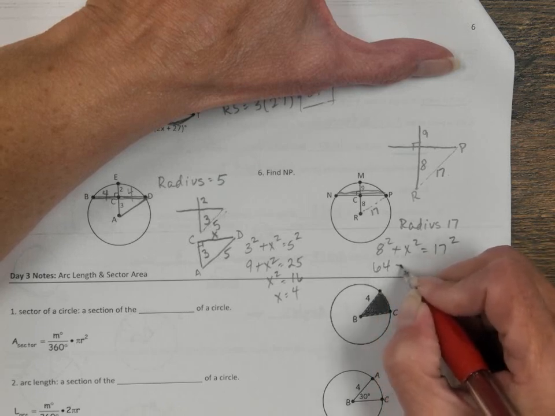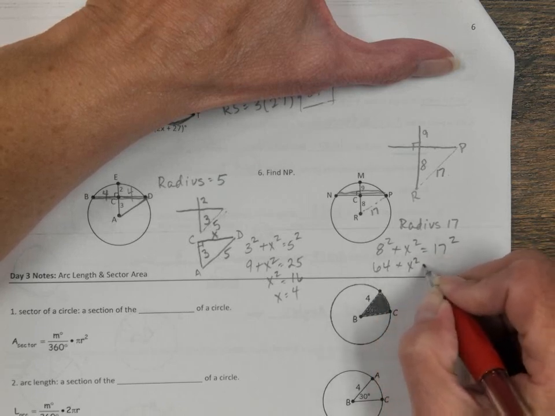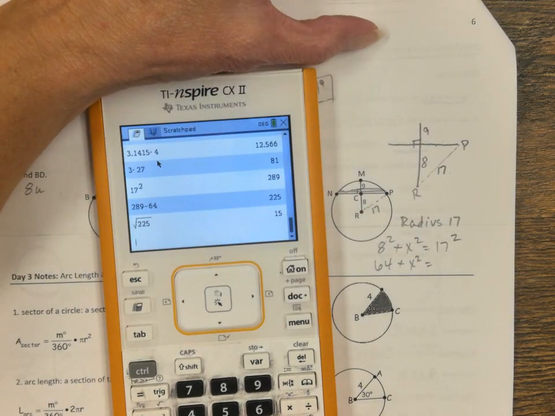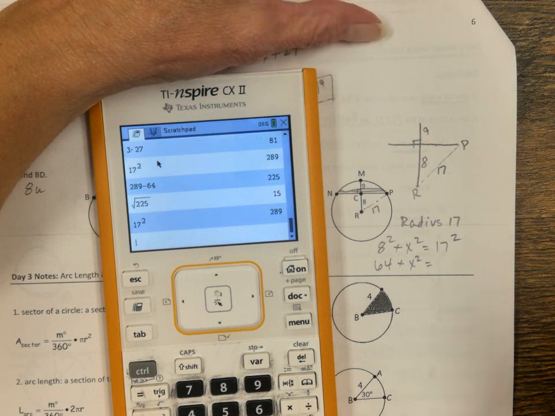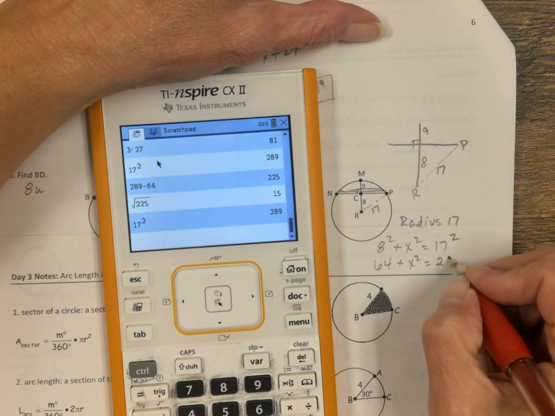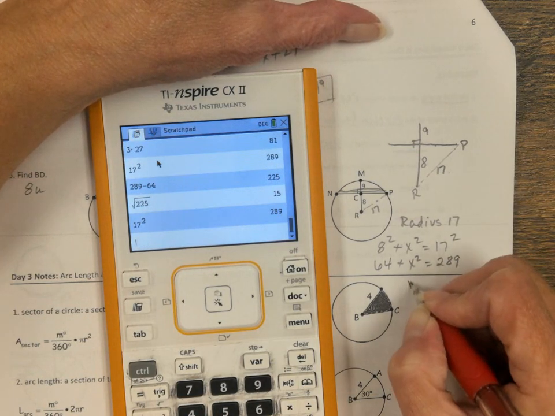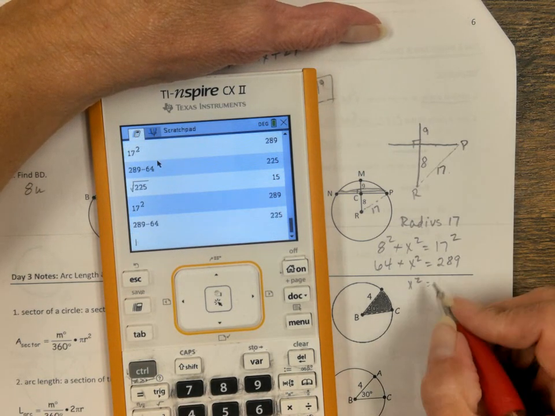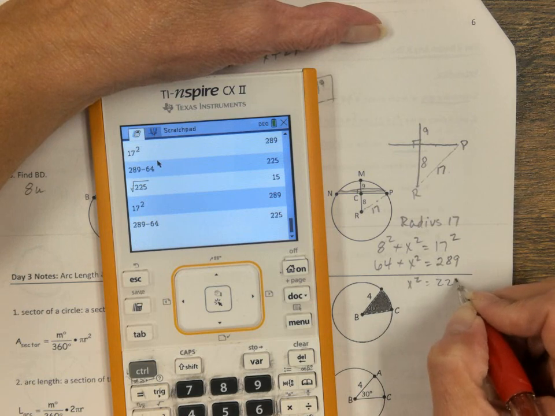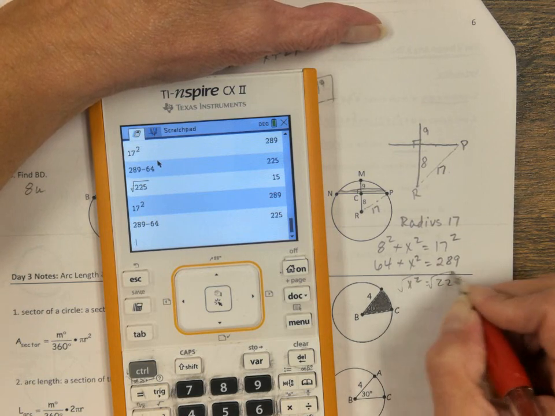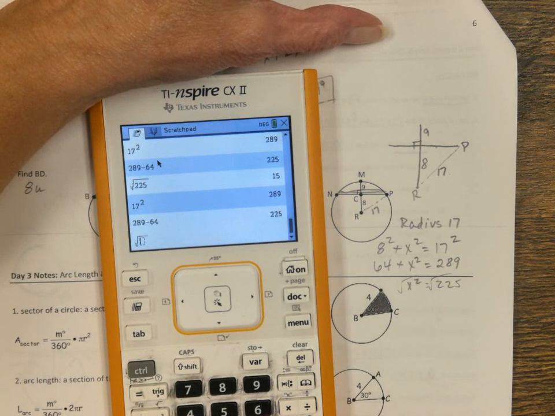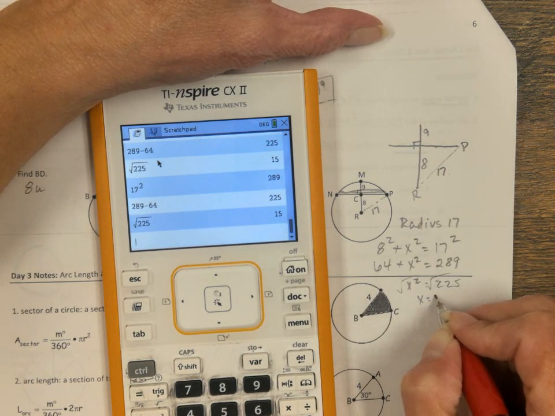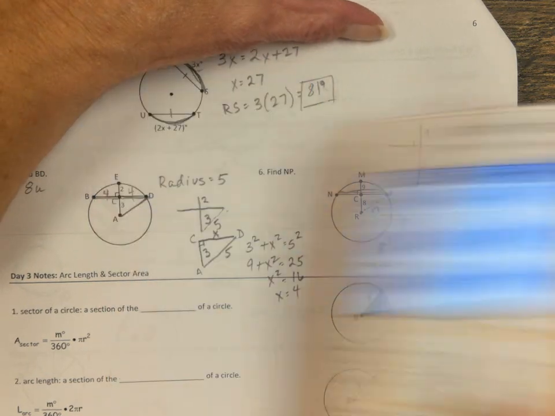So 64 plus x squared equals, I don't know what 17 squared is. I'm going to go to my calculator. Get 289. So x squared equals 289 minus 64, 225. Taking the square root of both sides, I get 15. X equals 15.